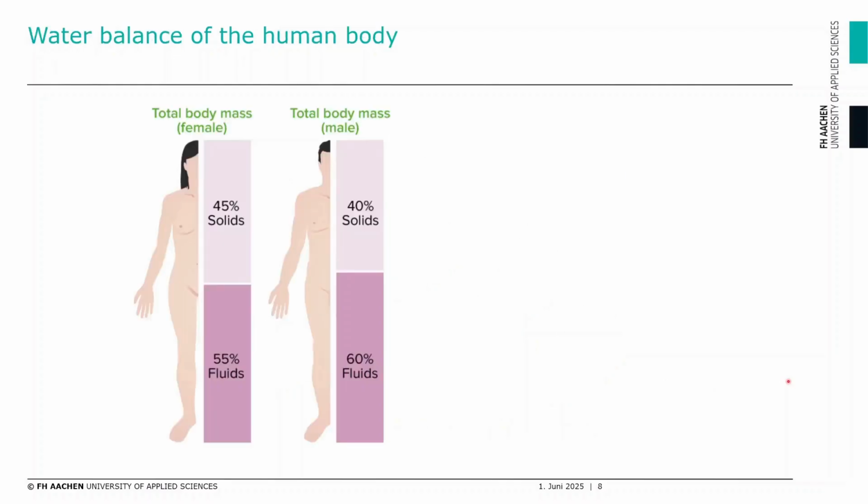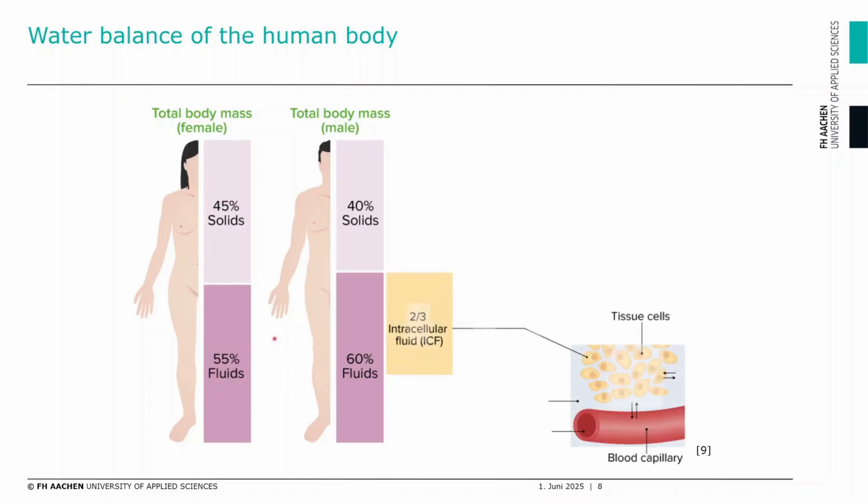It is also important to understand how the water balance of our human body is made up. The human body consists of around 60% water. This is slightly less in women. Intracellular water, that is the water inside our cells, accounts for 66% of this water. Extracellular water accounts for 34% of the water balance.